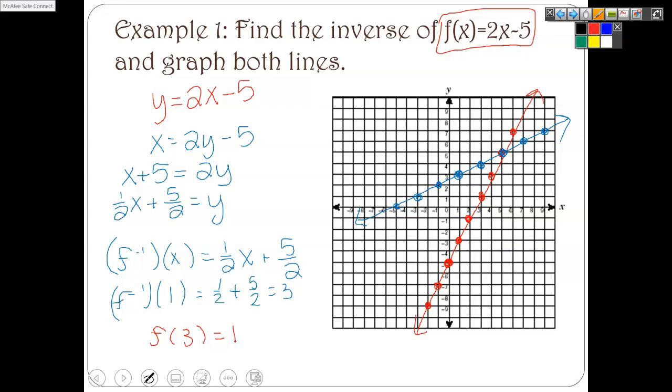Remember, if the inverse contains one point, then the original must contain the other. All graphs that are inverses of each other will be symmetric or reflect across y equals x. So this is the line y equals x. All inverses will be reflections across that line.